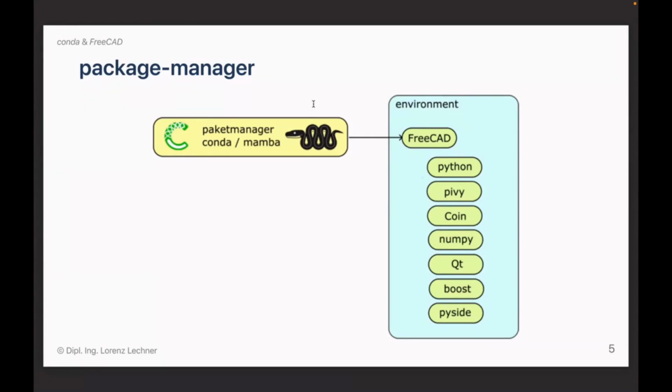And with these package managers, you can create environments, which is the basic principle of the conda or mamba package manager. And in an environment, you can install any package. So here we create a FreeCAD environment, and the package manager resolves all the dependencies and installs these dependencies.